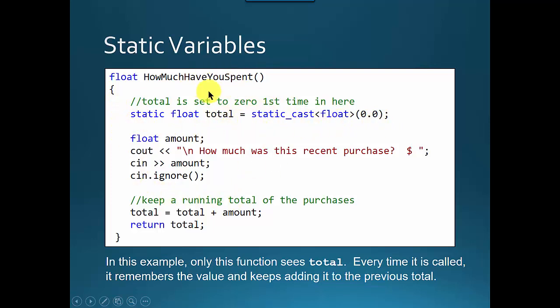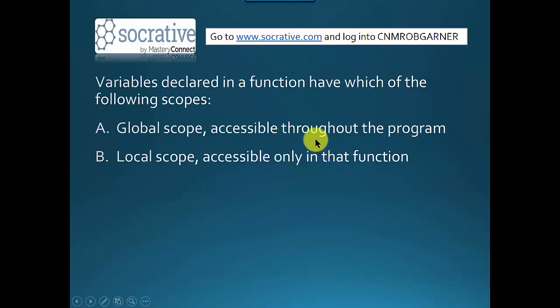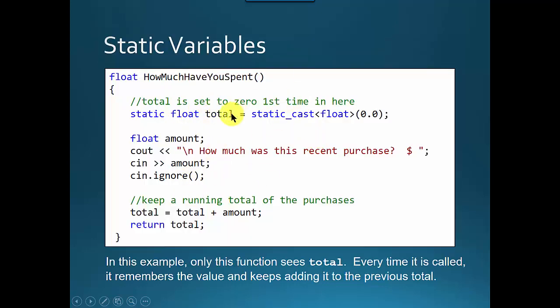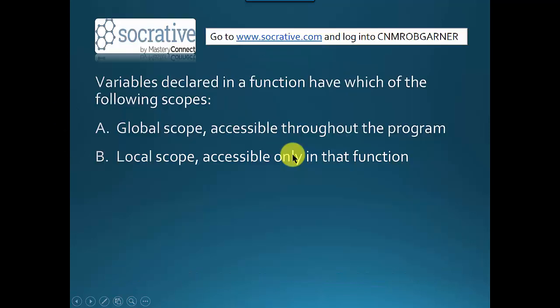The first time this function is called, it'll be declared, and then the line will not execute again because it won't redefine the variable and therefore get rid of what's currently there. So this is how it preserves the value. If you run this over and over again, every time you call the function, it will keep adding to a static variable that stays in memory even after the function has left.